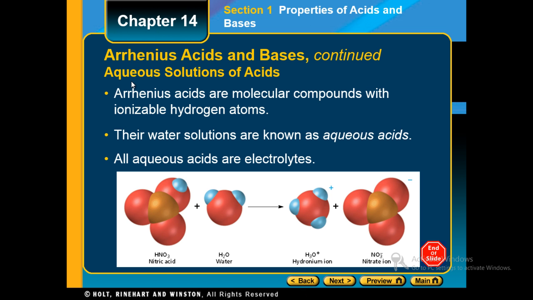This is an example which will explain what we have said in the previous slide. This is an acid, nitric acid, HNO3, which is, as we said, a molecular compound, so it forms ions when it reacts with water, H2O. It gives the hydronium ion we mentioned in the previous chapter.